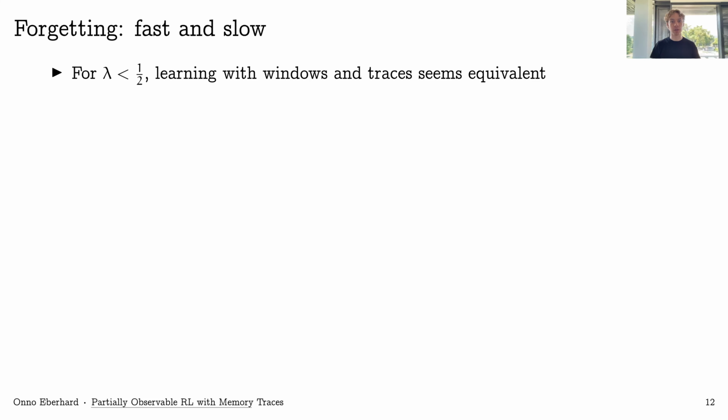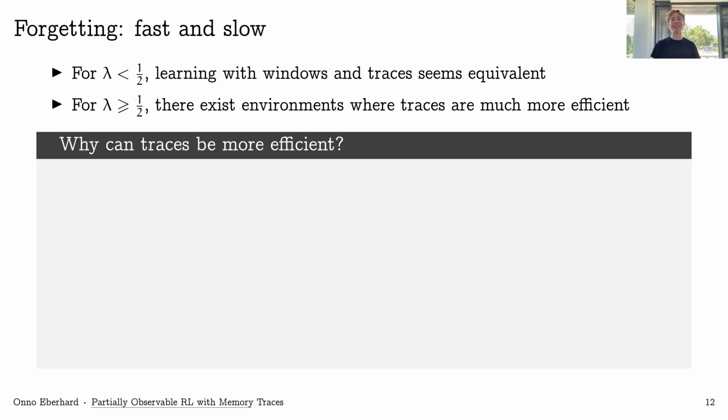So to summarize, with lambda less than 1/2, learning with windows and memory traces seems equivalent, while with lambda greater than 1/2, there are environments where traces are much more efficient. There are no environments where windows are more efficient than memory traces.